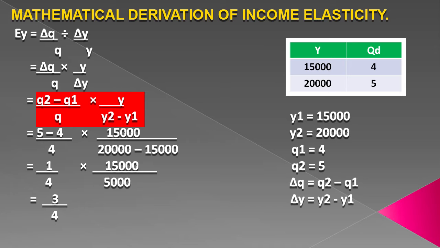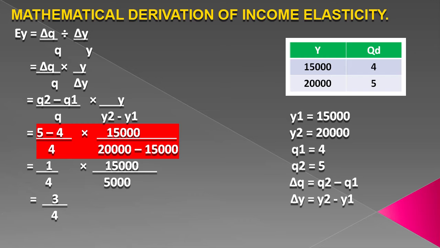Dear students, you don't need to get confused about where we get the values of Q and Y. Q and Y are already given in the table. Our Y1 is Y also and Q1 is Q also. So we put the value of Q1 as Q and Y1 as Y. By putting the values, we get the numerical notation as 5 minus 4 divided by 4 into 15,000 divided by 20,000 minus 15,000.